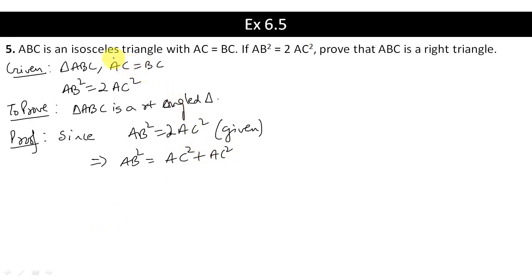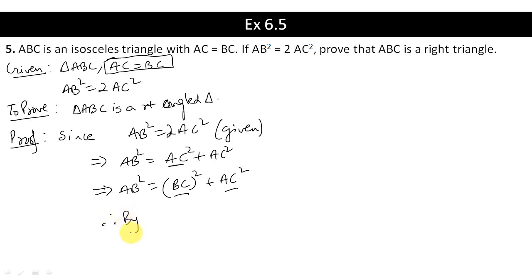Also it is given that AC is equal to BC. So I'll replace one AC with BC. This will be BC square plus AC square. So as you can observe, the sum of the squares of two sides, here AC square and BC square, is equal to the square of the third side, AB square.